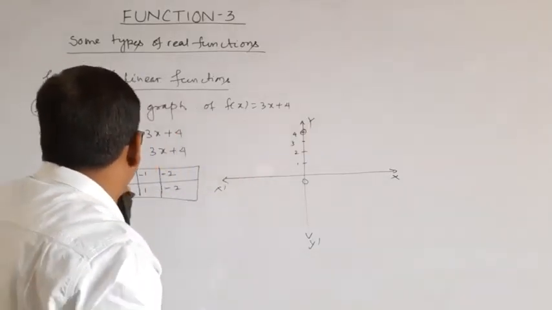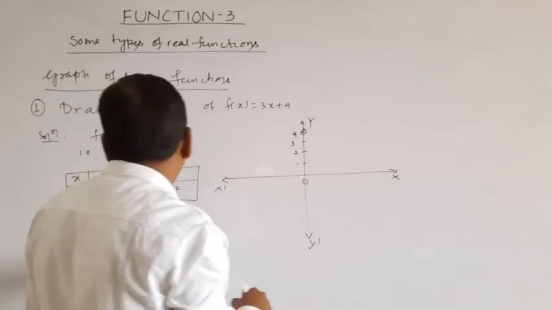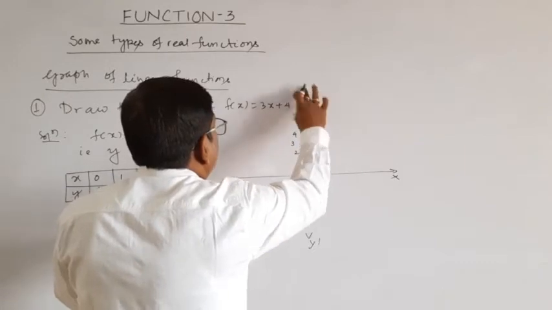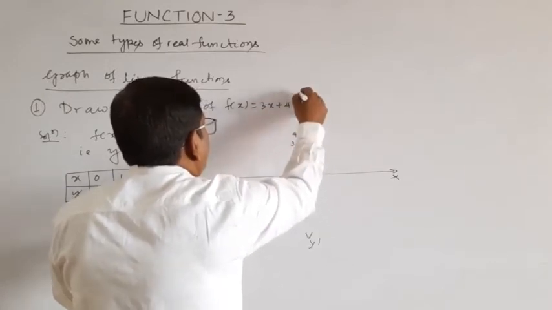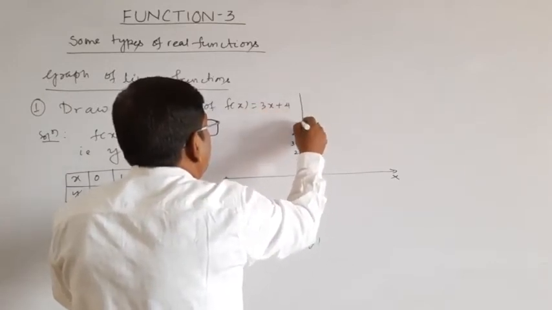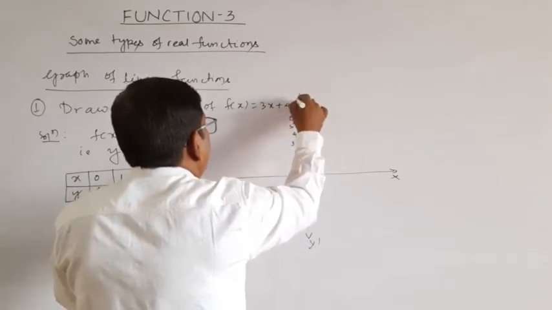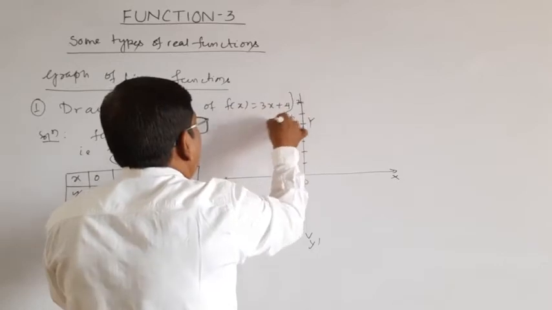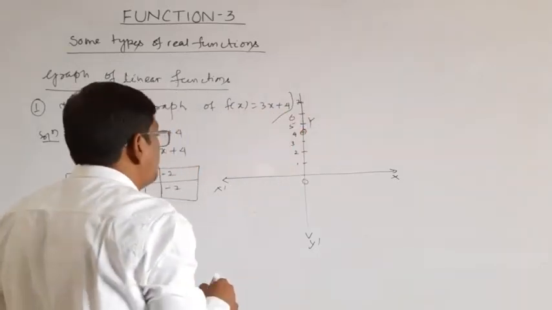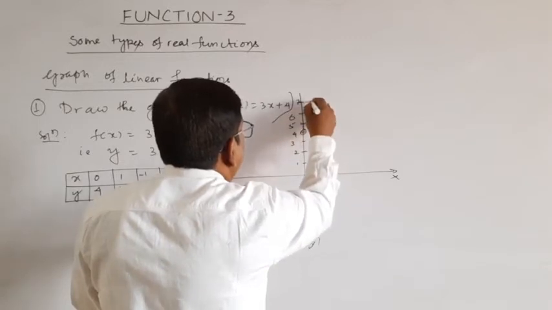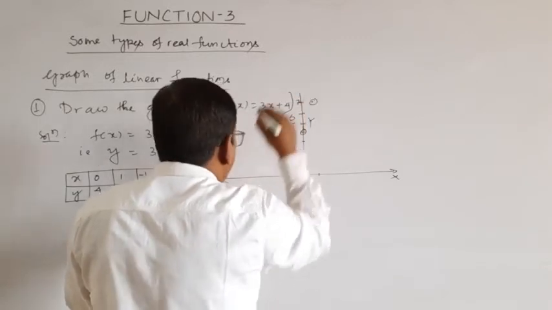If x is equal to 1, y is equal to 7, that is 5, 6, and this is 7. This is the point.